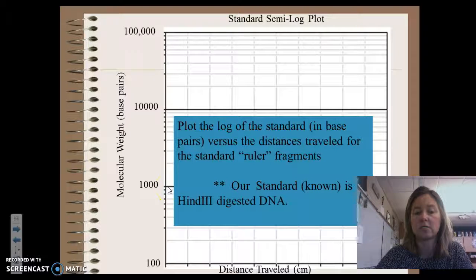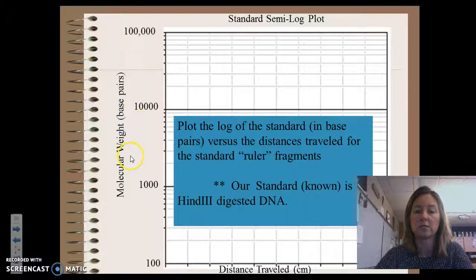But now we're going to switch our scale here at 1,000, and rather than counting by hundreds, where this would be 1,000, this would be 1,100, we now are going to graph by 1,000. So this is 1,000. This is going to be 2,000, 3,000, 4,000, all the way up to 10,000. Once I reach 10,000, we now are going to count by 10,000. So 10,000, 20, 30, 40,000 on up to 100,000. And it will continue on that line till we reach the top of the graph.